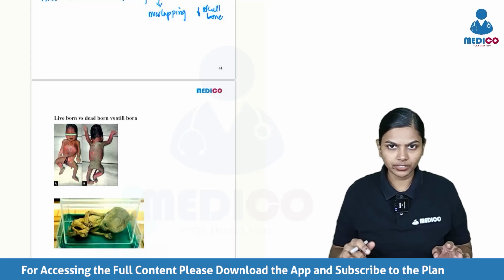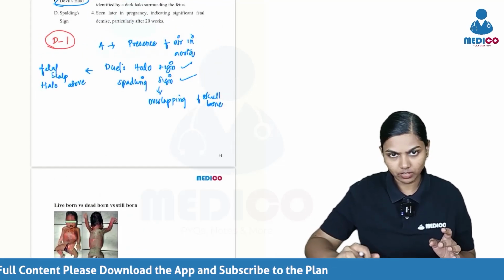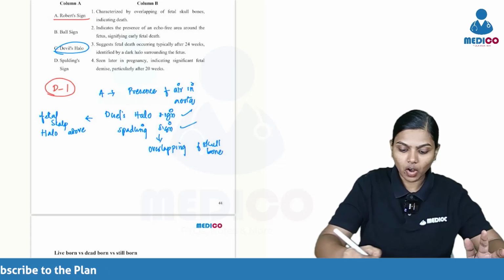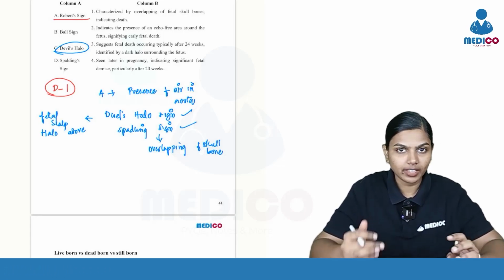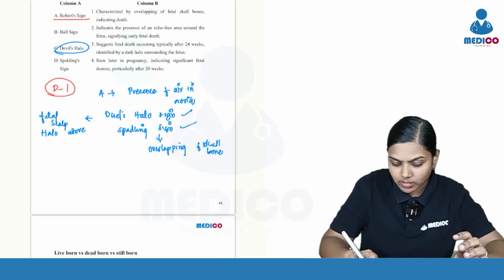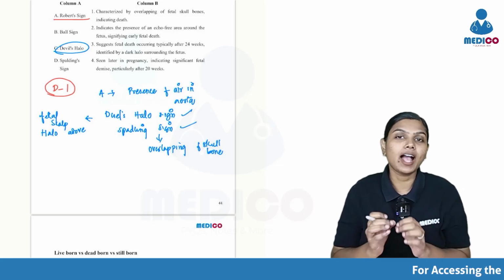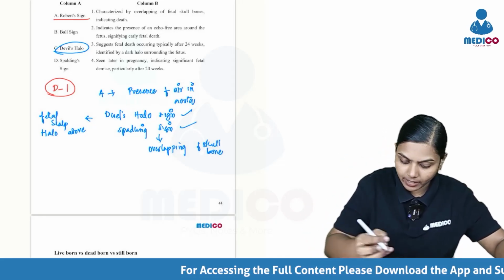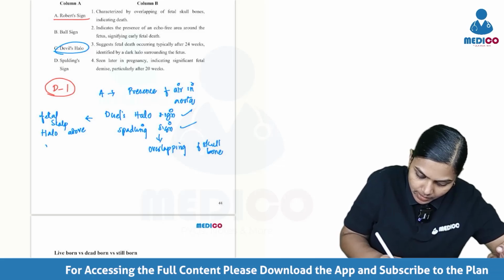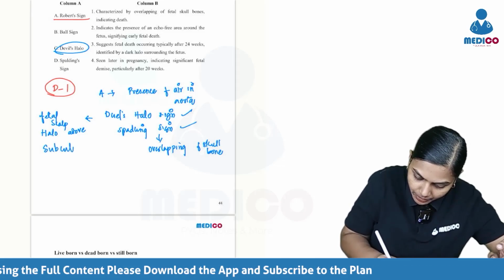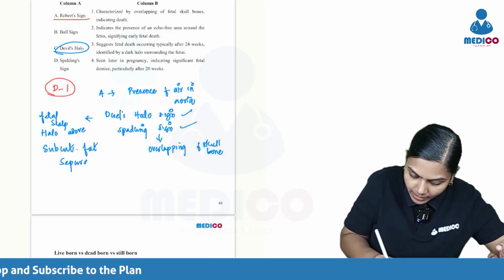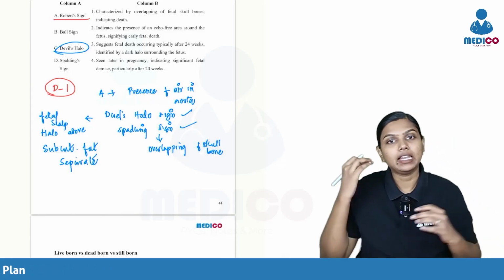So we will continue with the deadborn topic. I already told you Robert sign is presence of air, and halo sign is presence of a halo over the fetal head, which is basically due to subcutaneous fat separation. Subcutaneous fat will separate and form a layer.